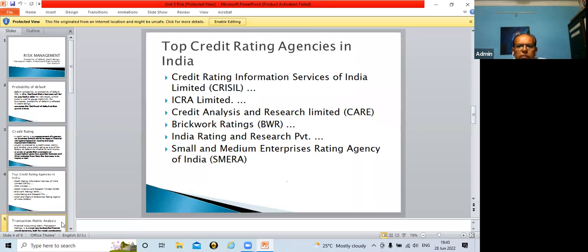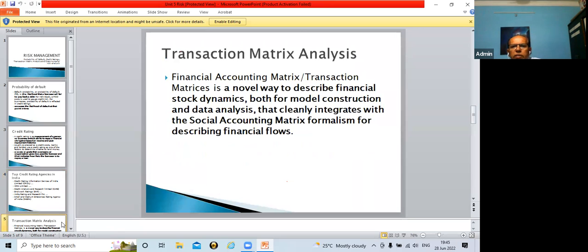The next one is transaction matrix analysis. Now, what is this transaction matrix analysis? Transaction matrix analysis, the financial accounting matrix or transaction matrix, is a novel way to describe financial stock dynamics, both for model construction and data analysis.